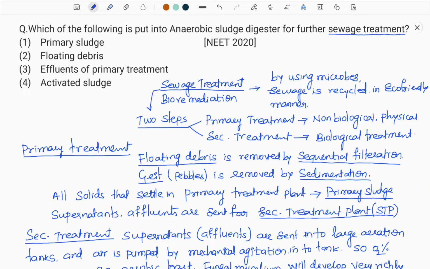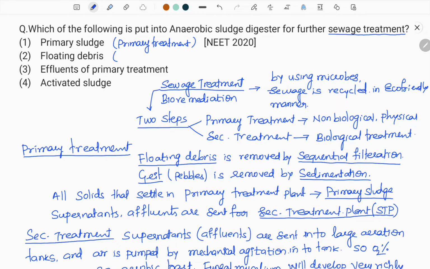Now let's see the question here. Which of the following is put into the anaerobic sludge digester for further sewage treatment? Primary sludge. No. Primary sludge is formed as part of primary treatment, the sediment of primary treatment. Floating debris. Floating debris is also primary.